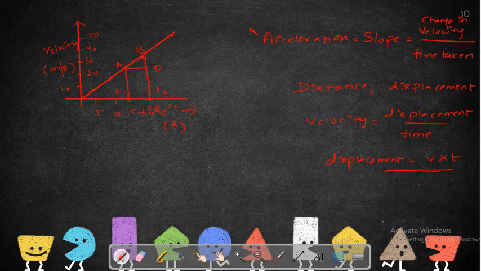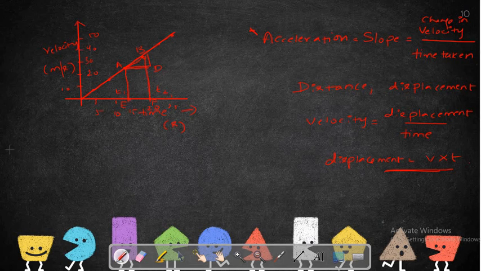So I have split this into a triangle and a rectangle. I will mark here A, B, D, and here E and here F.